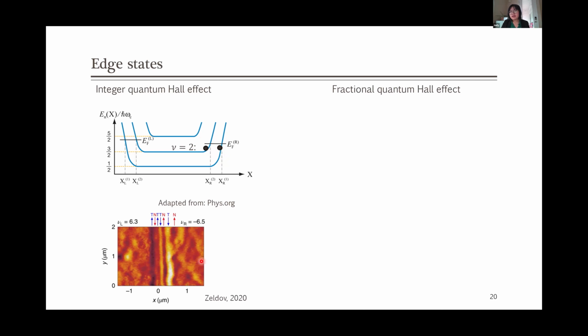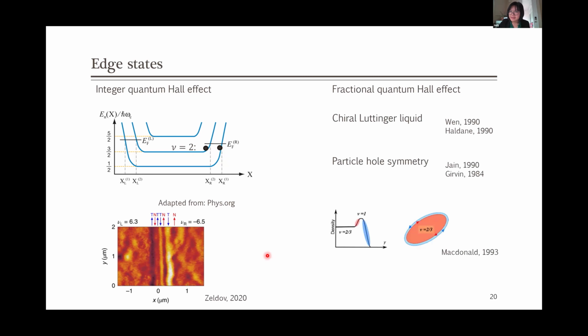In the case of the fractional quantum Hall effect, it's a little bit troublesome because of the strong electron-electron interactions. Theoretically, one can describe it as a Tomonaga-Luttinger liquid, a 1D interacting liquid.